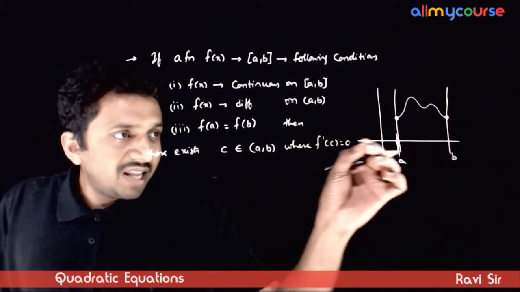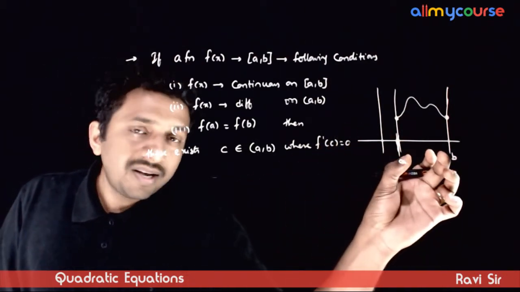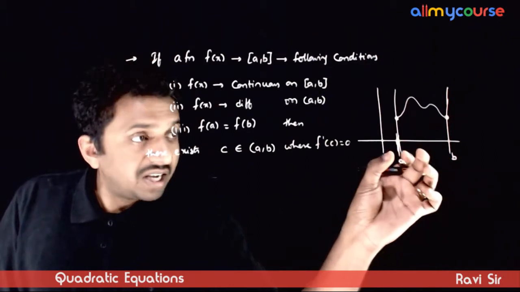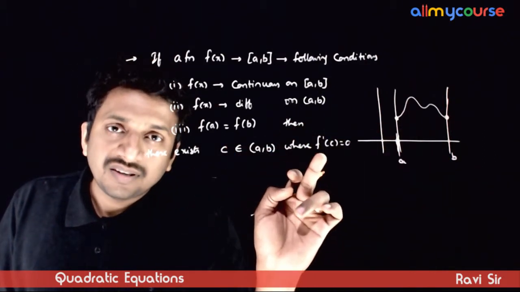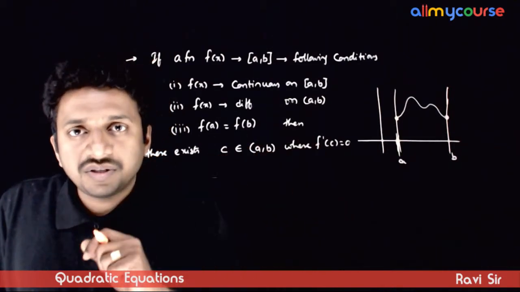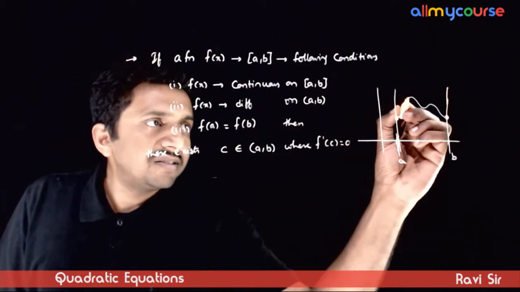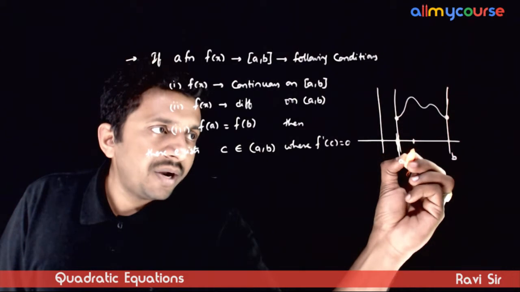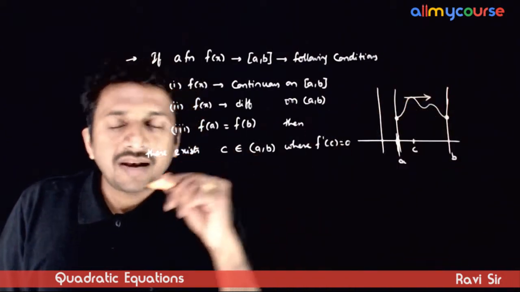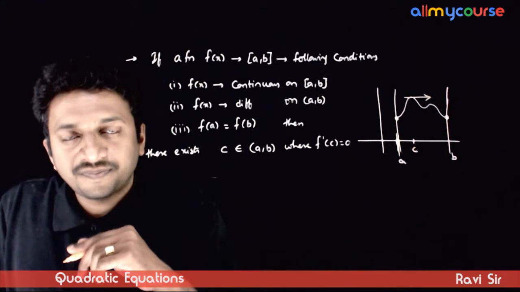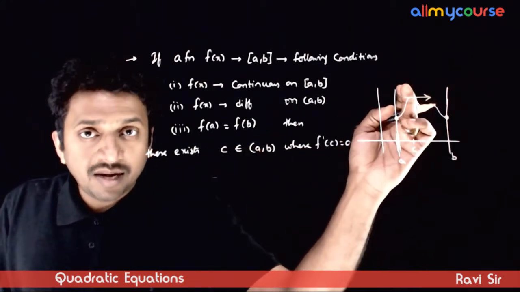That means there will be at least one point between a and b, strictly between a and b, where the value of the differentiation will be equal to 0. That means there will be at least one point c where the tangent is parallel to the x-axis.